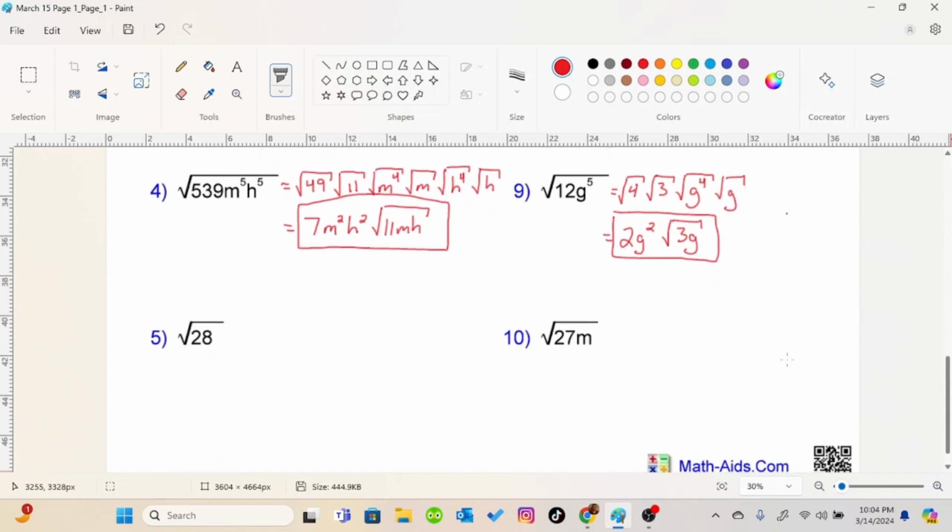And the final two problems on page 1. The square root of 28 is the square root of 4 times the square root of 7. And the square root of 4 is 2. So our final answer is 2 square root of 7.